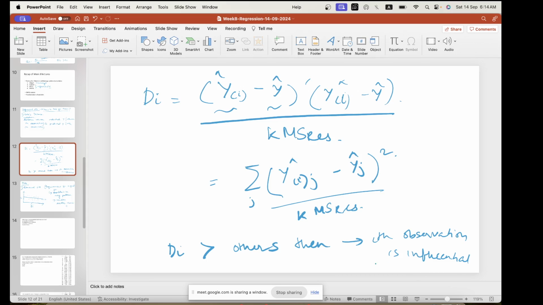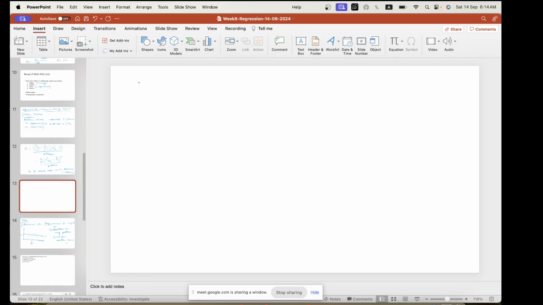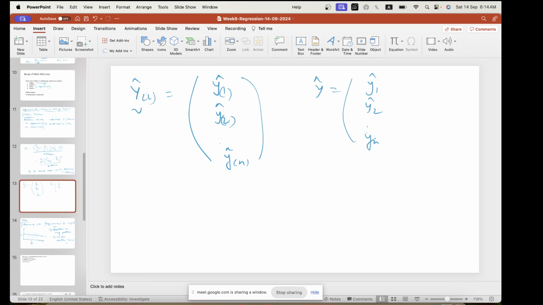So in order to calculate this, we'll need two sets of vectors. We would need the yi vector, that is y1, y2, up to yn, and also y hat, that is y1 predicted, y2 predicted, and yn predicted.